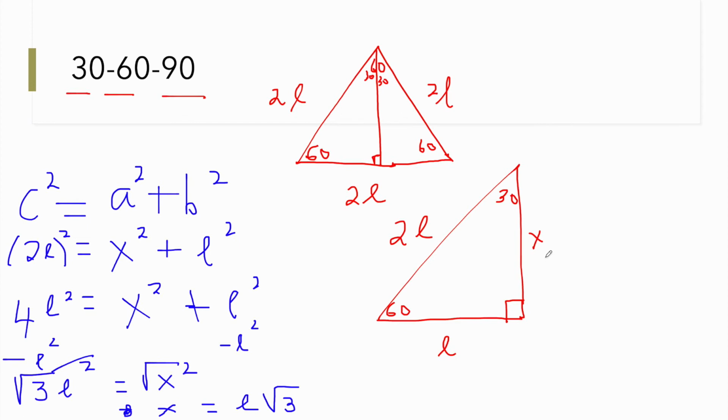So our X is L root 3. What you have to remember in this special triangle is 2L, L root 3 and L, so that you can be able to solve the problems. Now let's try an example and see if we remember our rules, and we can apply our rules.